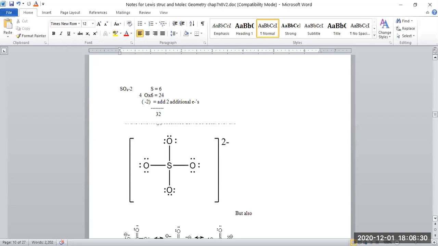Each of my oxygens also has an octet: 3 pairs that are lone pairs, and the one straight line that connects it to the sulfur. And then you put the big square brackets on it, and you write the -2 on the outside. So this is true in a loose approximation, big picture point of view. In reality, not so much.